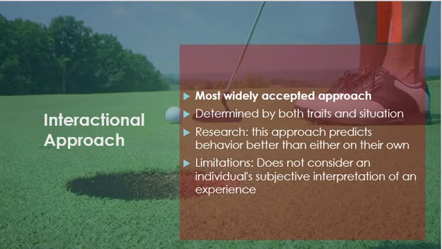And this, again, is the most widely accepted approach amongst psychologists today. Now, again, it contends that our behaviors are determined by both traits and situation. Using this approach is the best predictor of behavior, better than trying to use trait or situational by themselves.